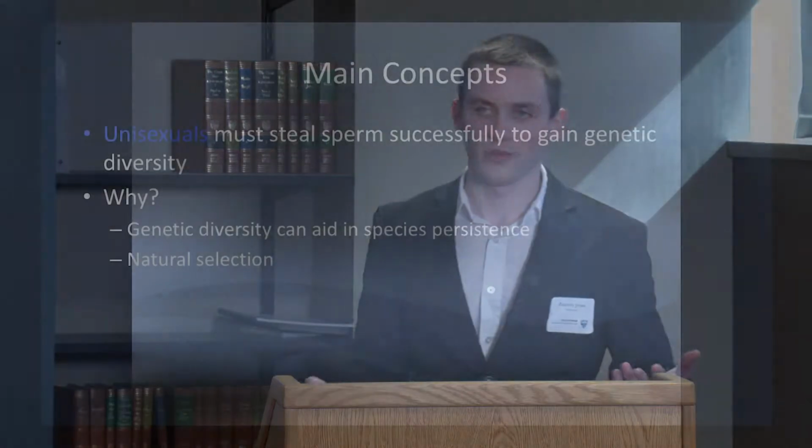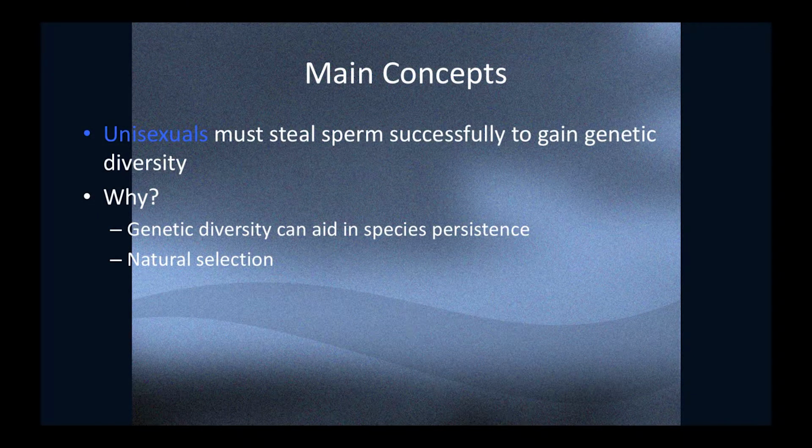Okay, so unisexuals must steal sperm successfully to gain genetic diversity. And you might wonder why they would care to do that. Well, genetic diversity can aid in species persistence because when you have diversity, it helps with natural selection.